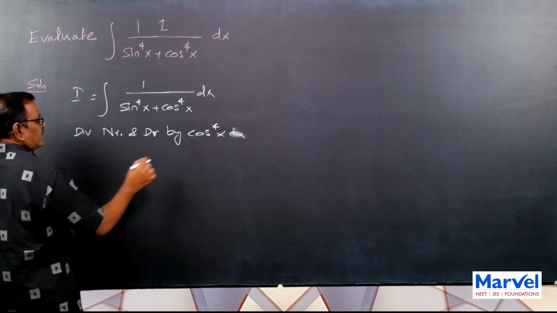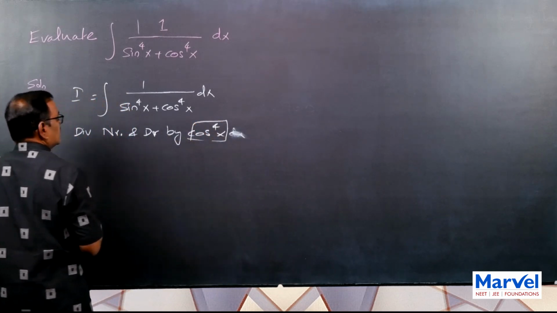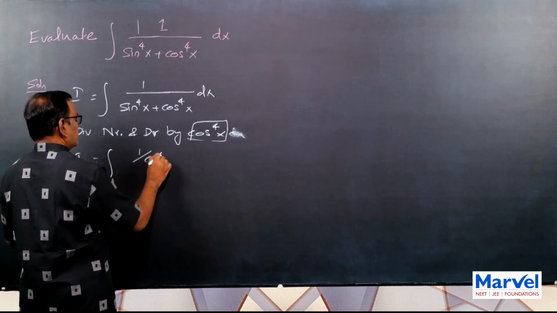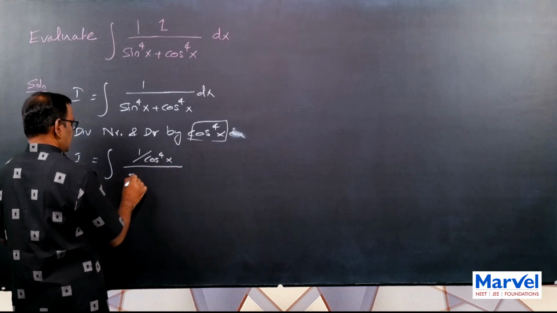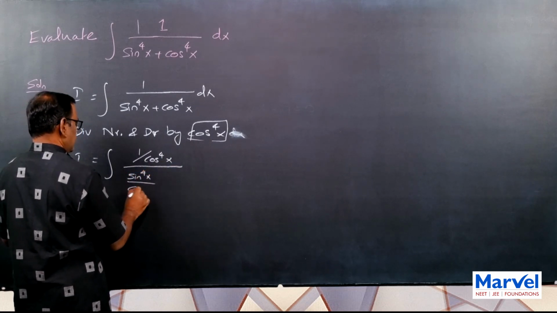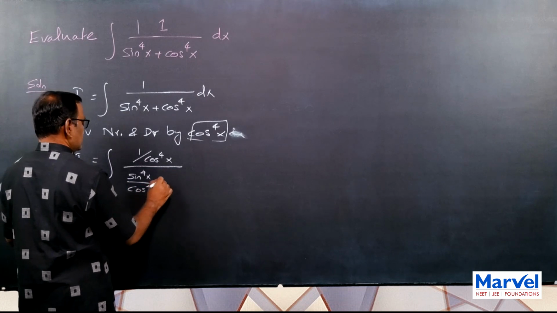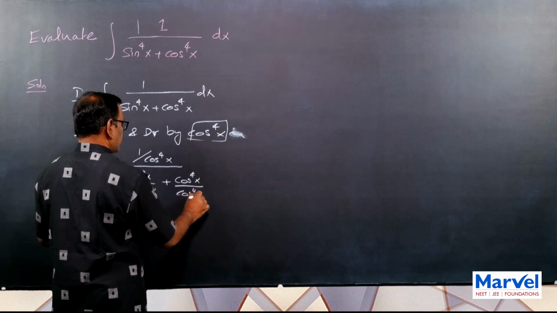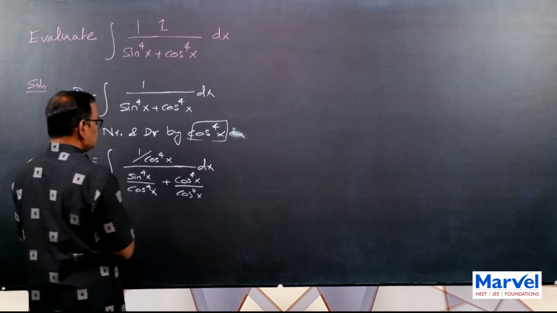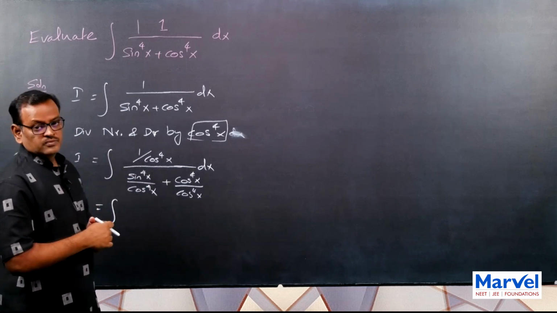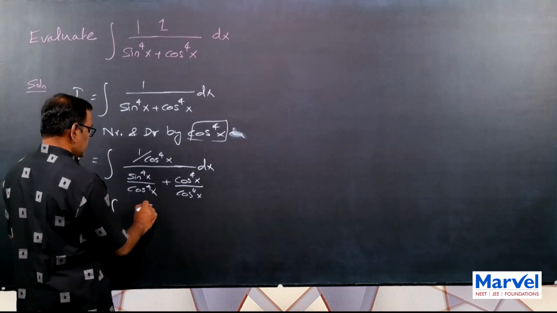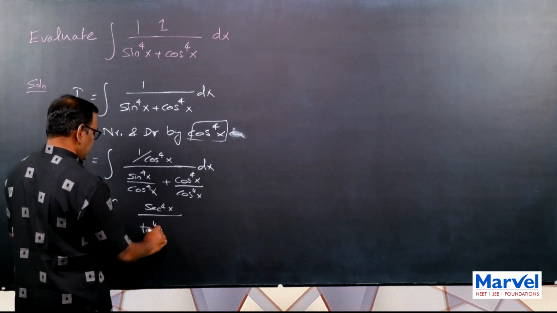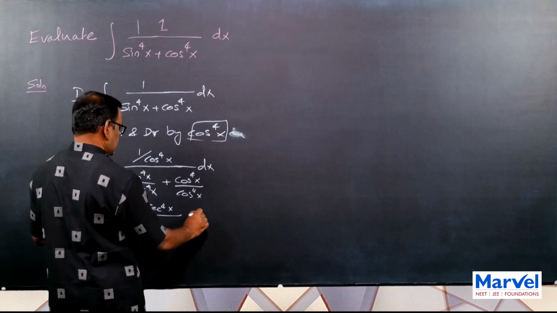Therefore I becomes 1 by cos power 4x by sin power 4x by cos power 4x plus cos power 4x by cos power 4x dx, which is equal to 1 by cos power 4x, which is secant power 4x, by tan power 4x plus 1 dx.